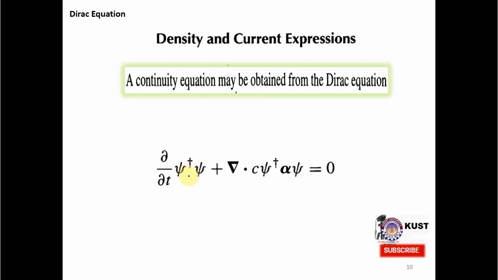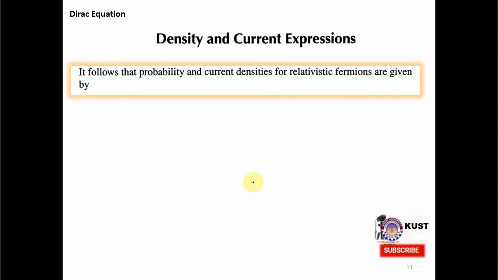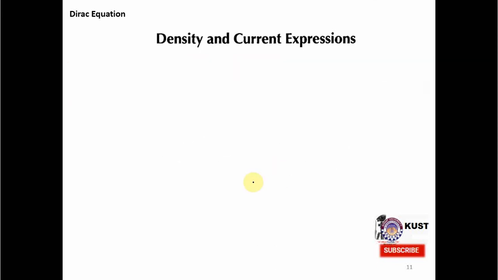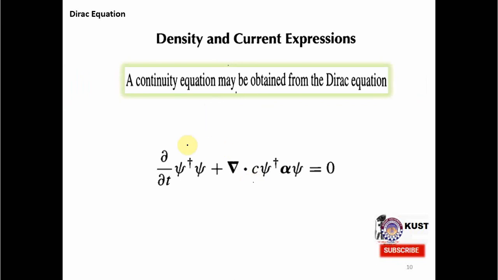So del by del t of psi dagger psi plus del dot c psi dagger alpha psi. If we multiply the Dirac equation with psi dagger from the left, then write the adjoint equation and multiply with psi, and subtract these two equations, we will get this equation.